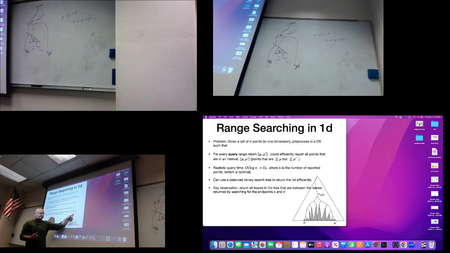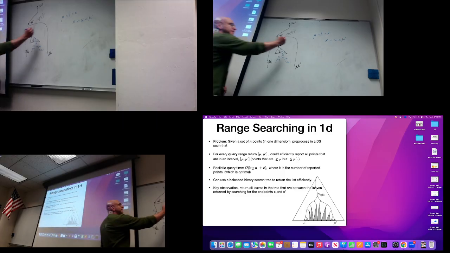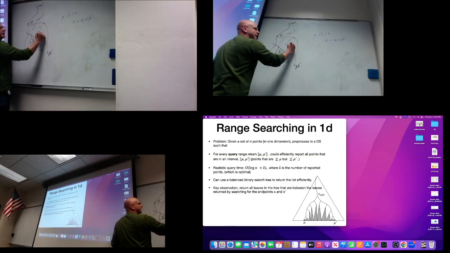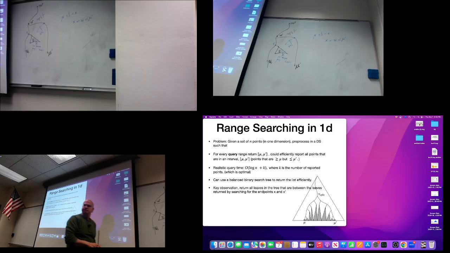The same argument will say here below the split point, I branched left to reach this or this or this subtrees. Subtrees that are hanged over here, some x prime, over here.